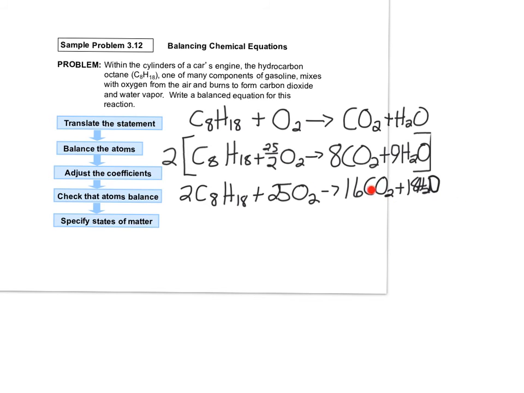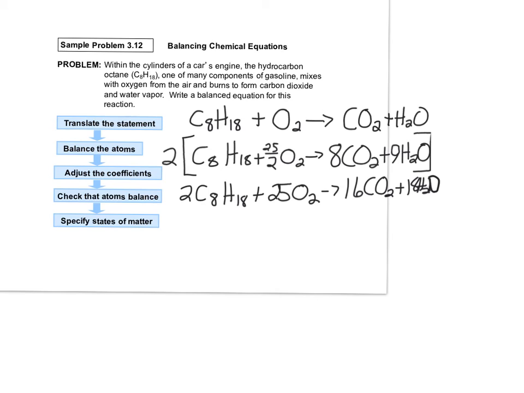Now that we've changed things a bit, we have to check that the atoms balance. I've got 2 times 8, so that's 16 carbons on the left of my arrow, and 16 carbons on the right. I've got 2 times 18 hydrogens on the left, which is 36, and 36 hydrogens on the right.